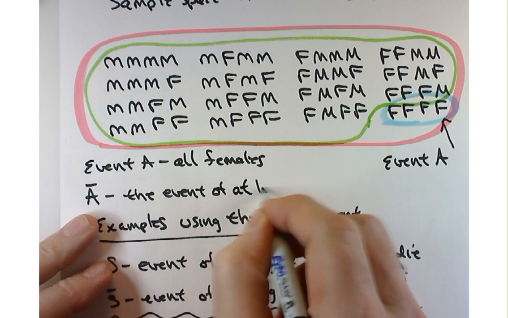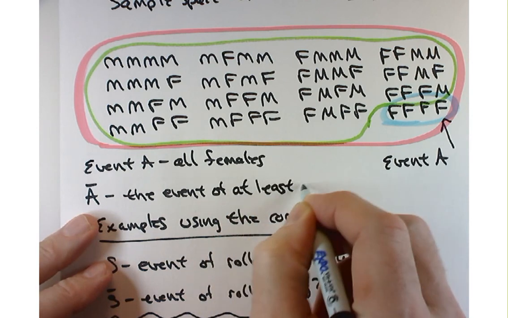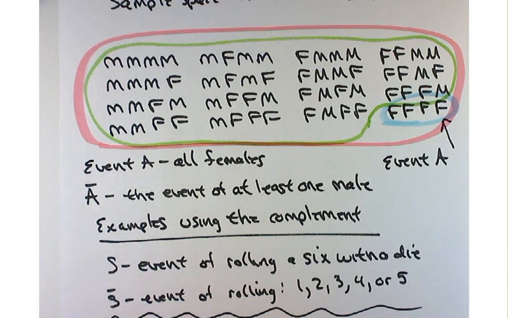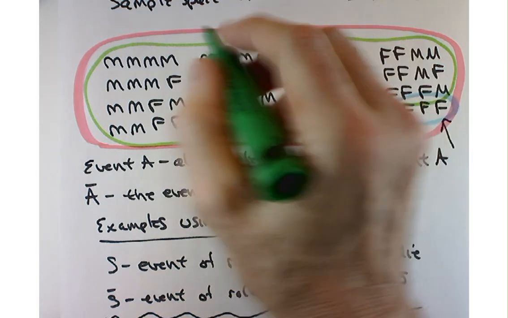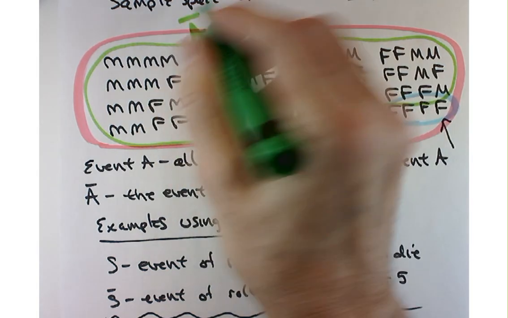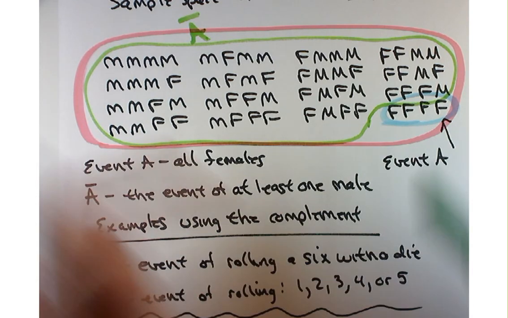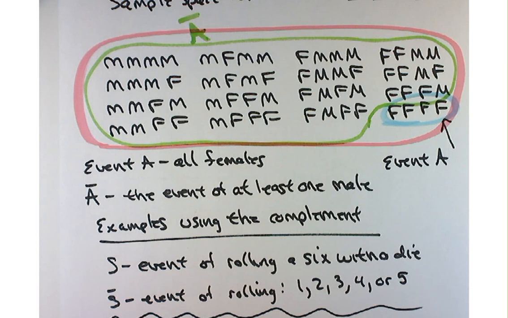That's the complement of A, this A bar. So you're one or the other. And between the two, A and A bar, that covers everything. There's nothing left out. You're either an A or A bar.